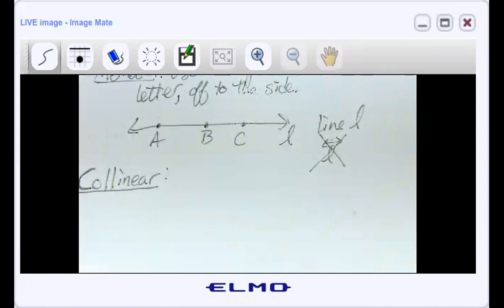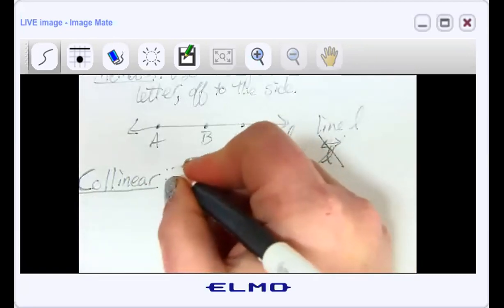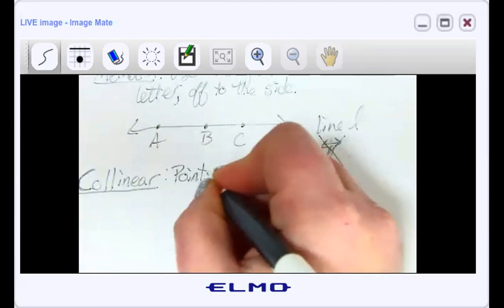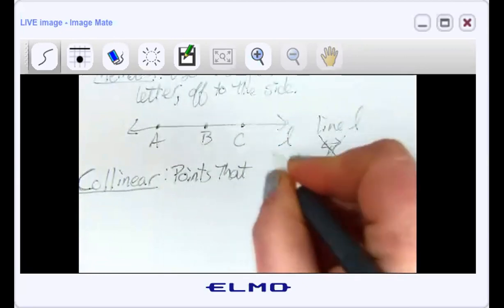Isn't it something to do with straight lines? Basically, so collinear, right? Linear, you see the word line in there. So this definitely has to do with lines. And then this prefix co. So think about like your co-workers, other people at your job, right? So collinear, they're all going to be points on the same line. That's what collinear means. So let's jot that down. Points that are on the same line.